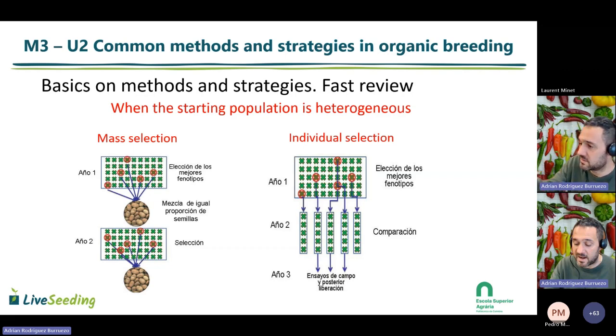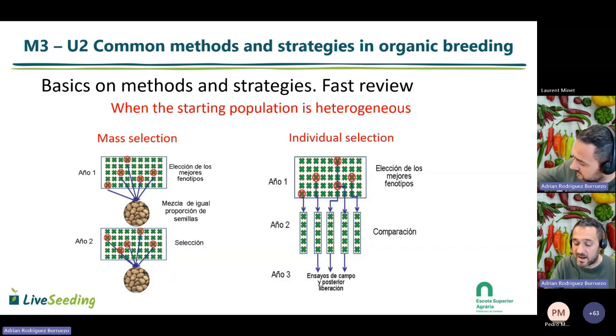Well, once I get the seeds from these selected individuals, I mix them in a bulk. Imagine you have selected 5% of your 500 plants, which means 25 plants, 25 offspring, 25 lots of seeds, which are then mixed in a bulk. And then next year, I will take seeds from this bulk and evaluate again in the second year. And in the second year, I repeat the same process.